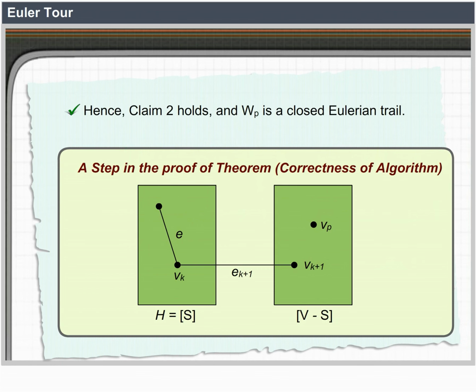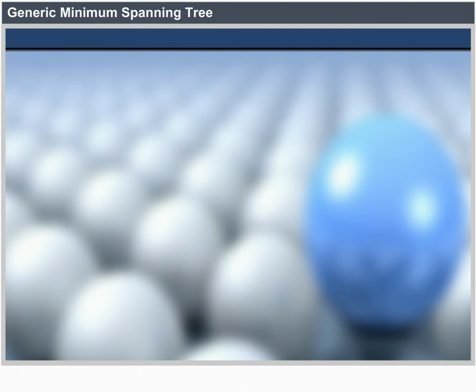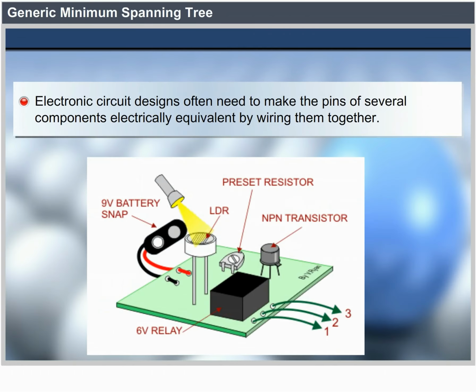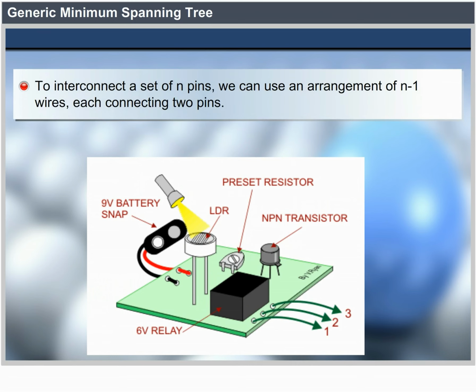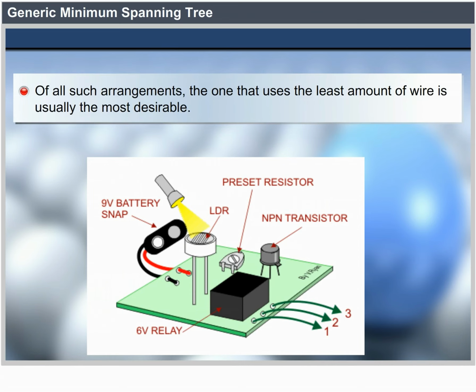Generic minimum spanning tree. Electronic circuit designs often need to make the pins of several components electrically equivalent by wiring them together. To interconnect a set of n pins, we can use an arrangement of n minus 1 wires, each connecting 2 pins. Of all such arrangements, the one that uses the least amount of wire is usually the most desirable.